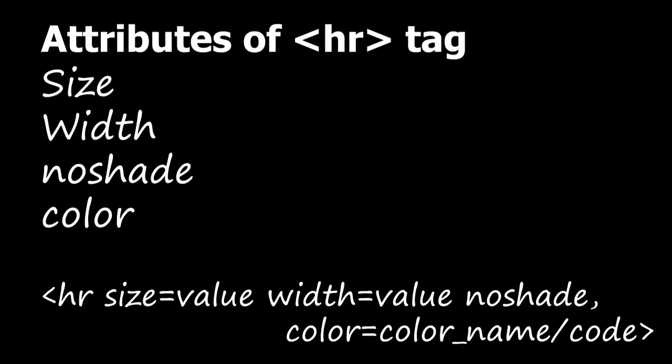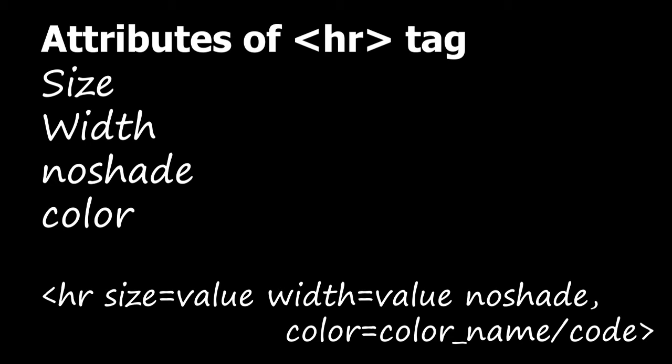Let's see the attributes of the HR tag. The HR tag has four attributes: size, width, noshade, and color. These are the attributes which are used to set the size, width, appearance, and the color of the HR line, right? So this line will be based on these attributes only.